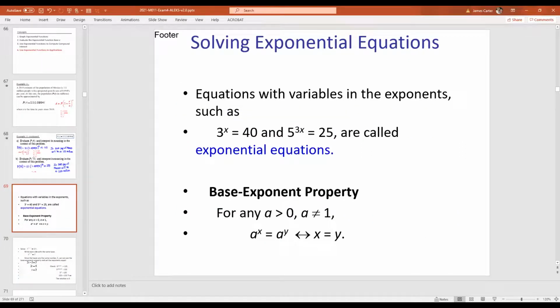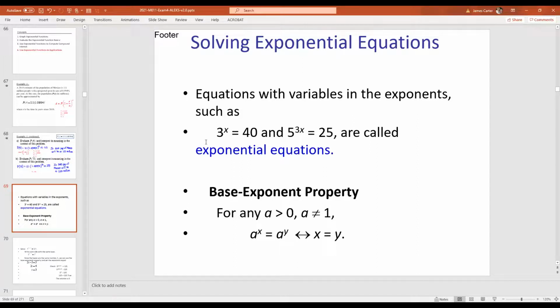There's one more topic we need to cover today, and that's solving exponential equations. Equations with variables in the exponents, like these: 3 to the x equals 40, or 5 to the 3x equals 25.